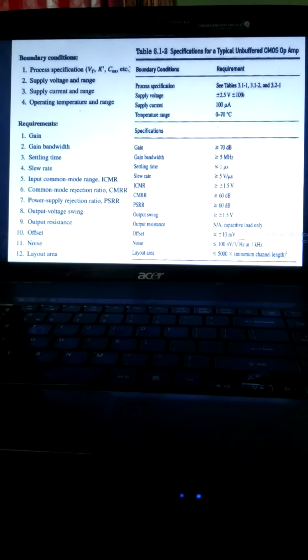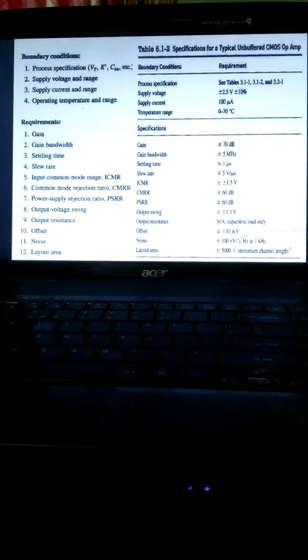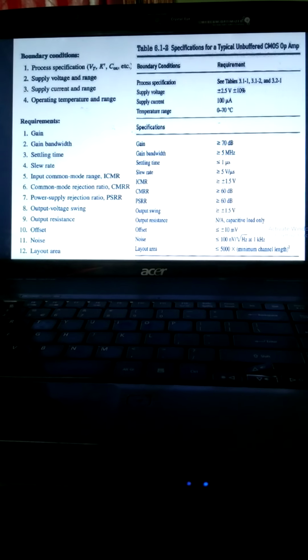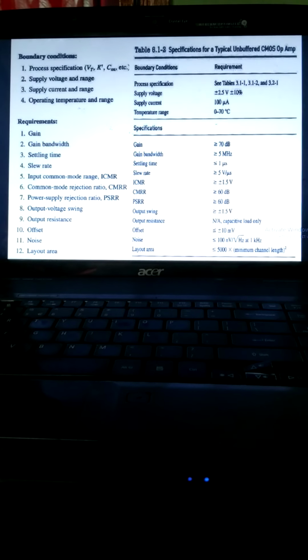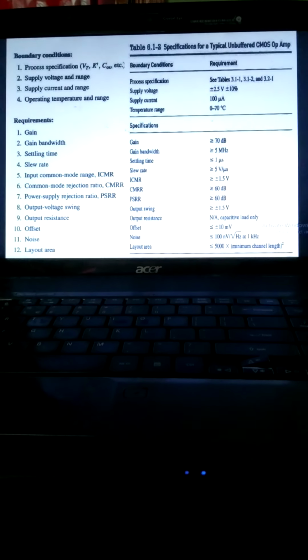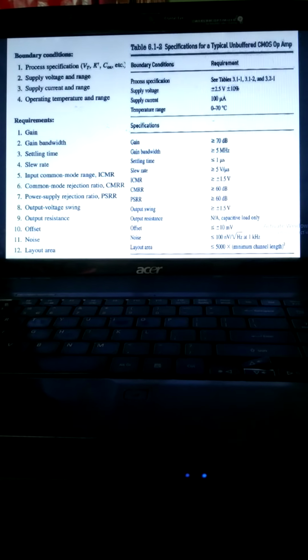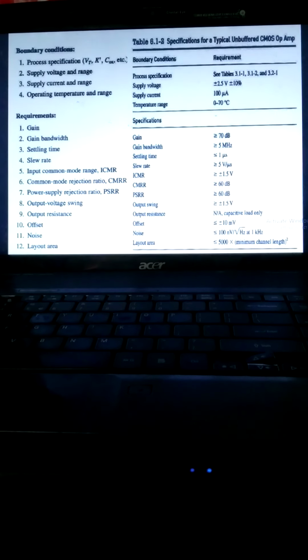For the design of op amp, we need to consider two types of conditions. The first is the boundary conditions, which consist of 4 items, and then we require 12 requirements, and based on these 12 requirements we design any CMOS op amp, that means complementary metal oxide semiconductor op amp.